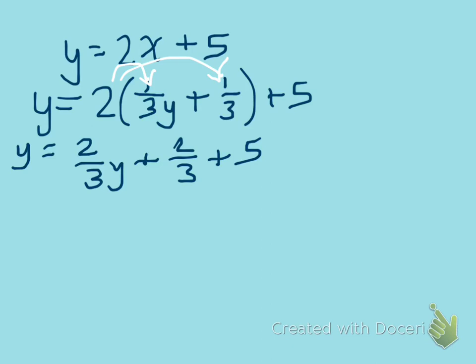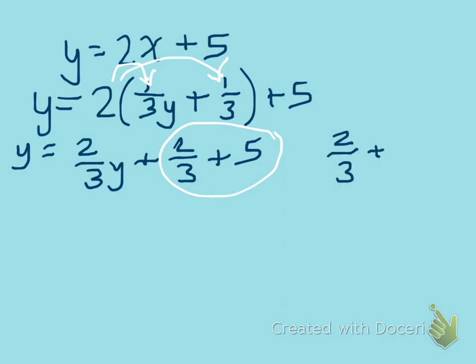Okay, now I have two like terms here. These two I want to combine. So I'm going to do 2/3 plus 5 with a common denominator.